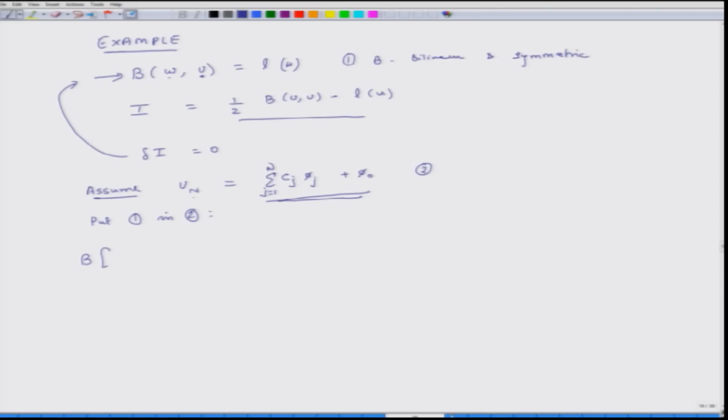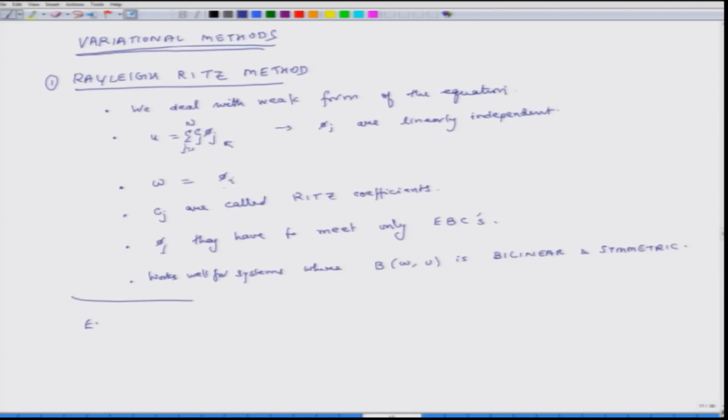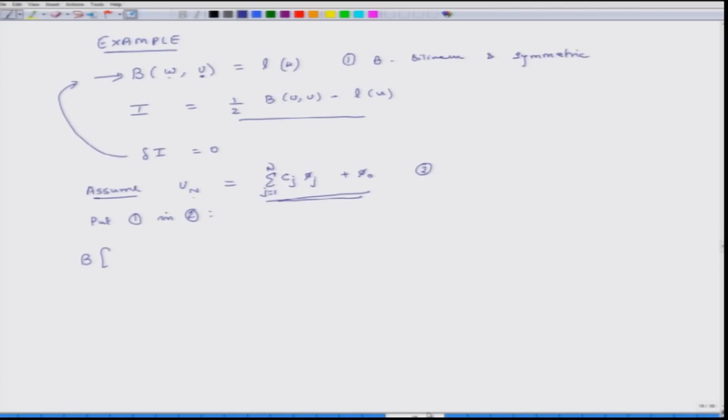I said that in the Rayleigh Ritz method, the weight function is the same as the approximation function, so it is phi I. Instead of W, I am putting phi I, comma, Cj phi j plus phi naught. This entire thing in parenthesis represents U, is equal to L of phi I. This is equation 3.